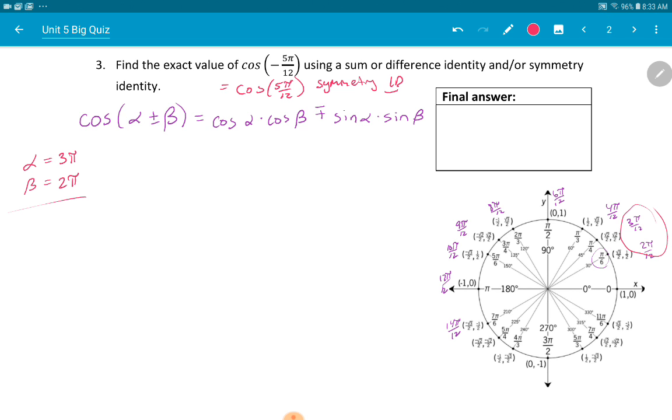Another option that you may have done on yours is alpha could be 3 pi and beta would be 8 pi, all over 12.